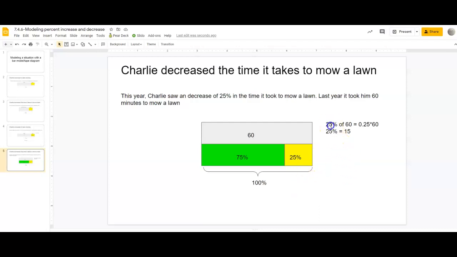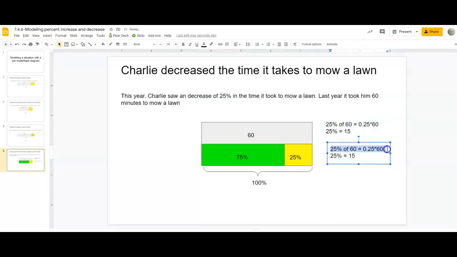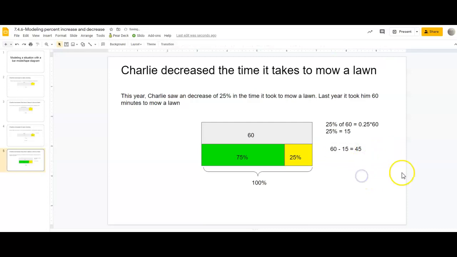That's going to be something like 60 minus the 15 minutes, which is 45. So I might have a question that asks, how long does it take him to mow lawns now? I might have a question that asks, how many minutes is he saving every time? So the questions are different.